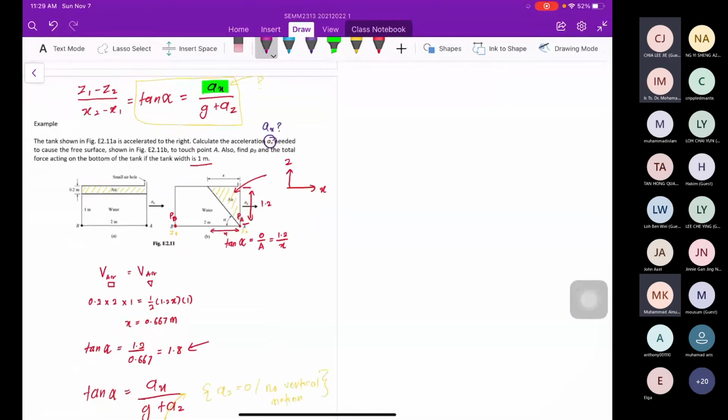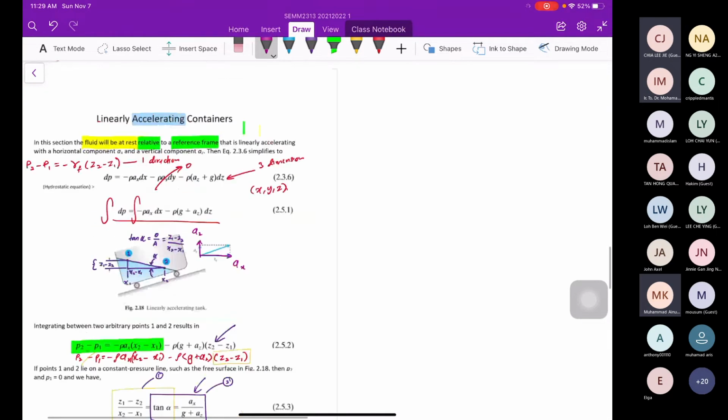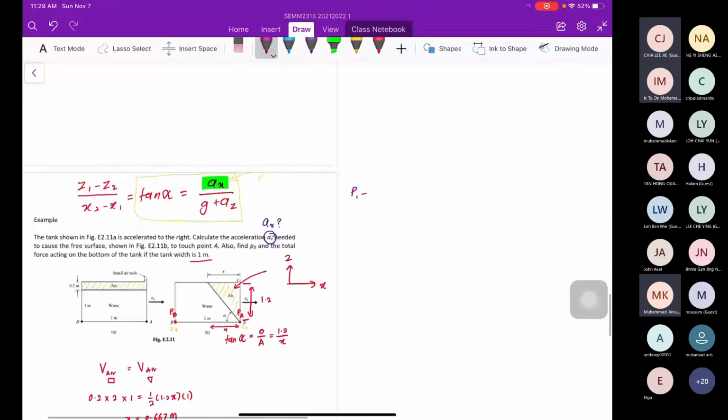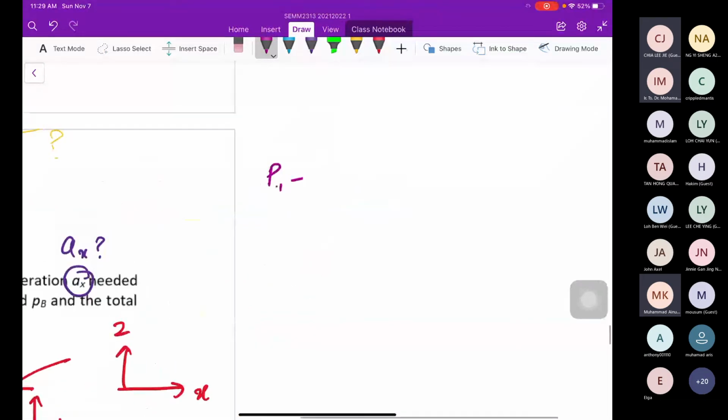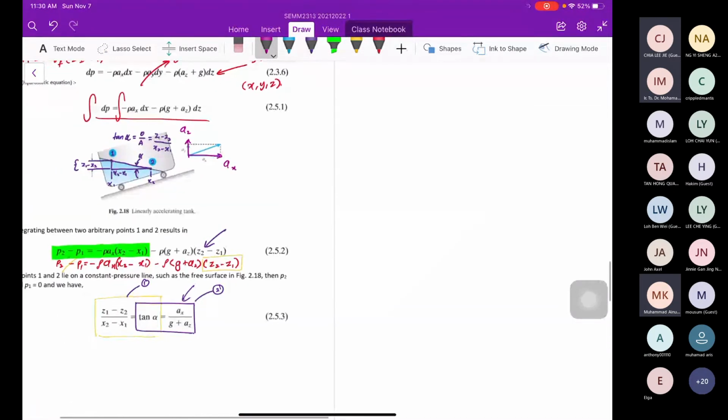This is the equation: P2 minus P1 equal to negative rho AX, X2 minus X1. Alright.